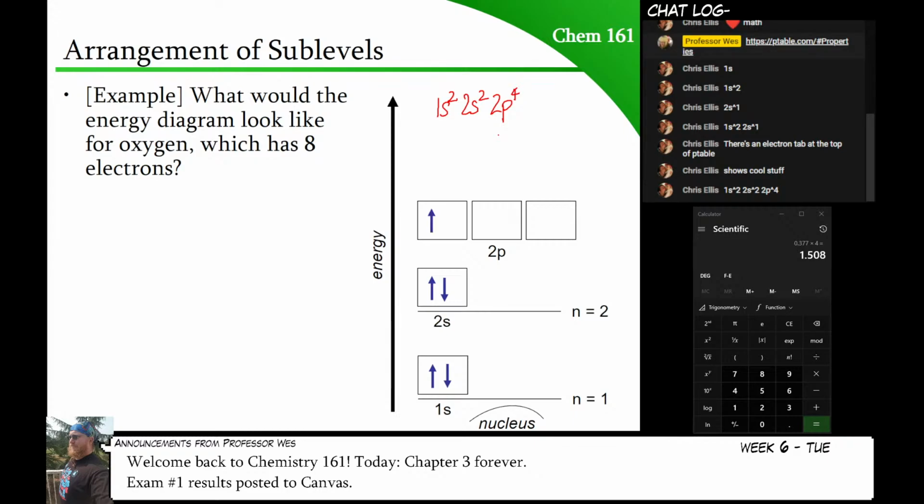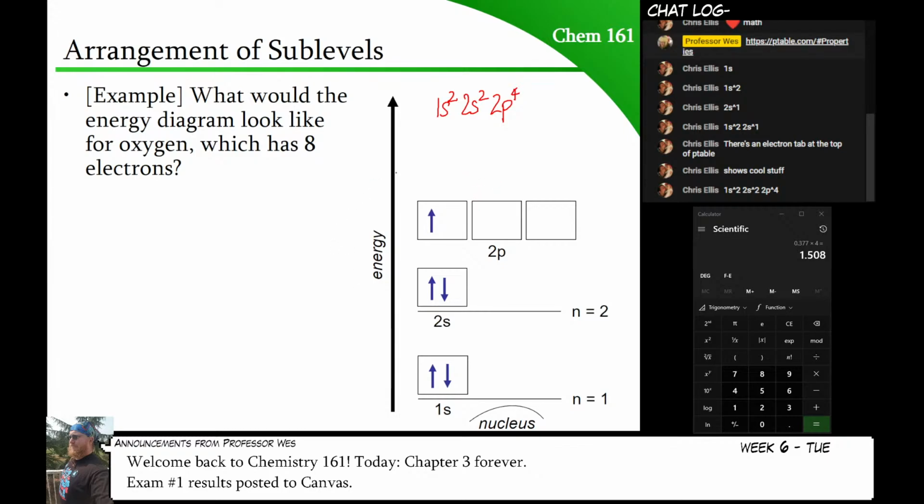But then I get to this point, and I say, okay, well, what's the next logical step to do? Because you could pair an electron, but electrons do repel, right? Which would be less energy, having 2 electrons repel, or, because all these orbitals are degenerate, putting it in the next spot?